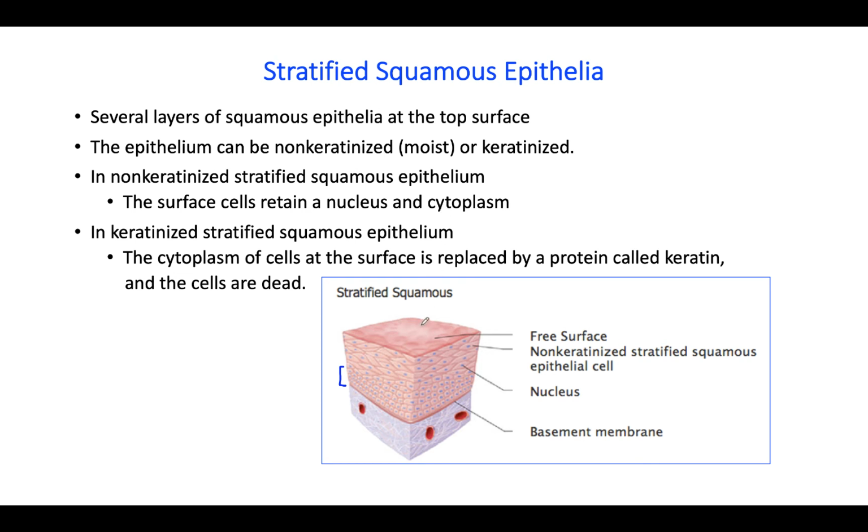But some stratified squamous epithelia are keratinized. Then the cytoplasm of cells at the surface, especially the apical region, is replaced by a protein called keratin, and those cells are already dead cells.